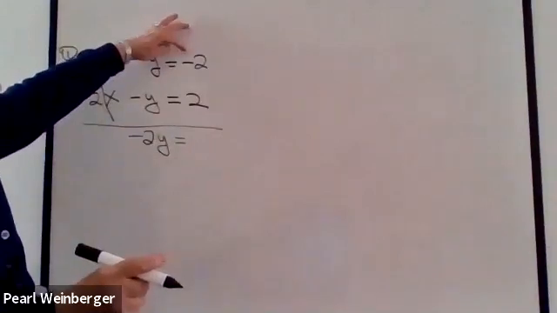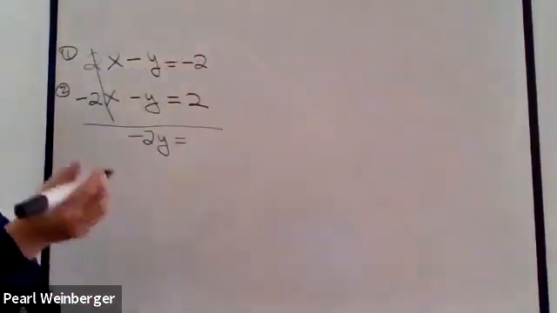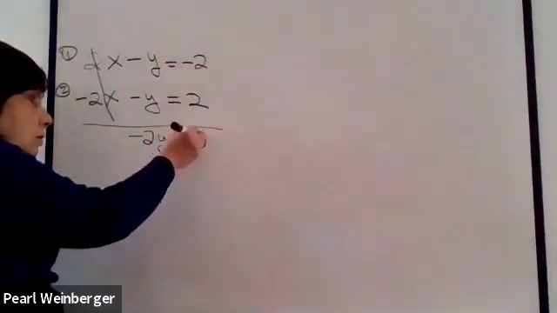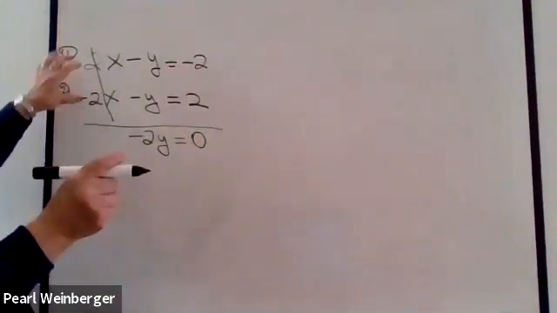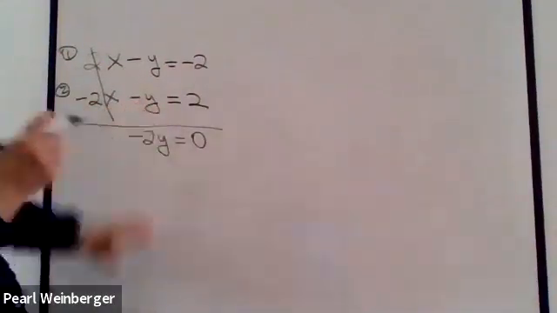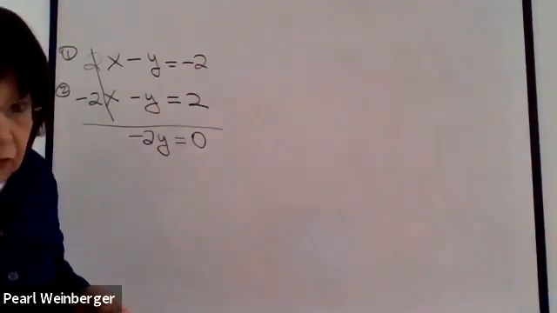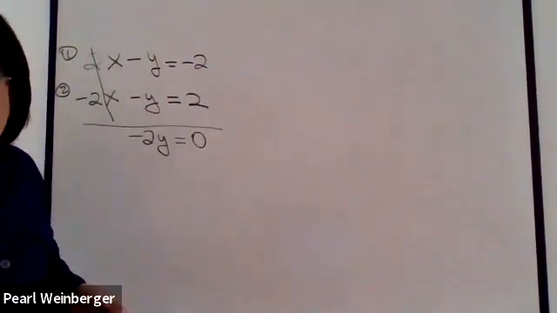And over here on the other side of the equation, we get -2 plus 2. And that does cancel out. That gives us 0. Notice I could have put in the 0 over here, but it's not necessary because I have other things going on. So here's where you're going to have to be very careful with your additions.